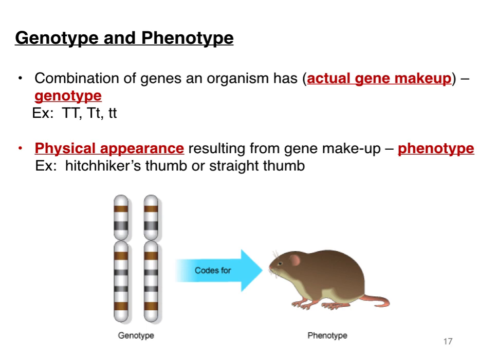Homozygous dominant, heterozygous, and homozygous recessive. That's the genotype. Then when we talk about its physical appearance, what it looks like based on these genes, that's its phenotype. So the chromosomes with the genes code for the phenotype.